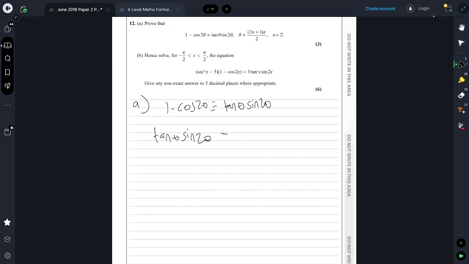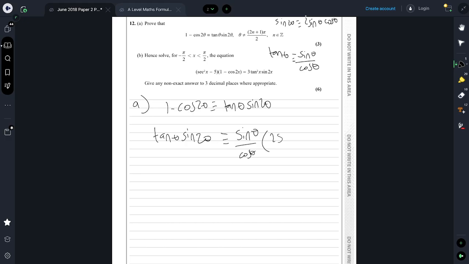You're going to need to remember the identities. So tan theta is sine theta over cos theta, and that's the only one that's apparent at the moment. And obviously the double angles: you're going to need to know that sine 2 theta is 2 sine theta cos theta.